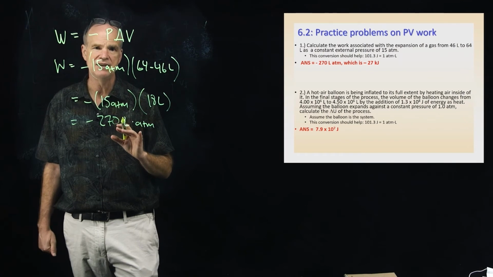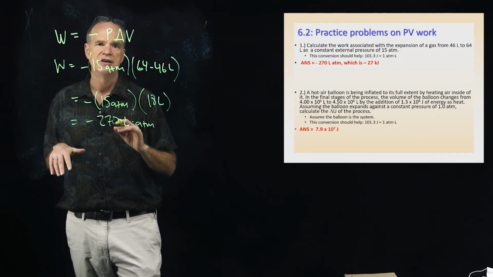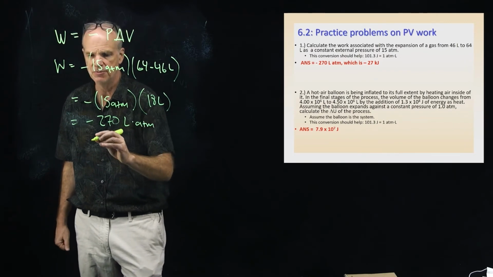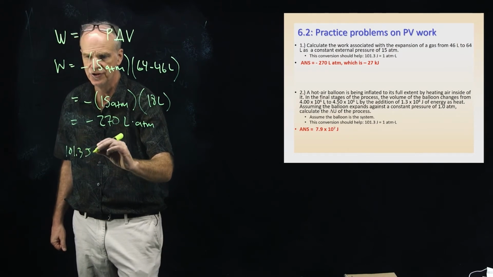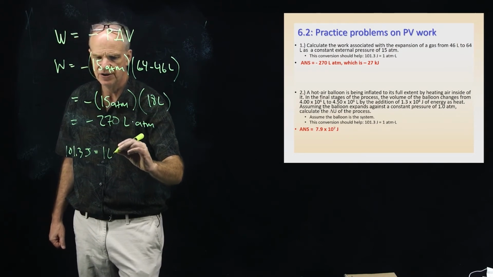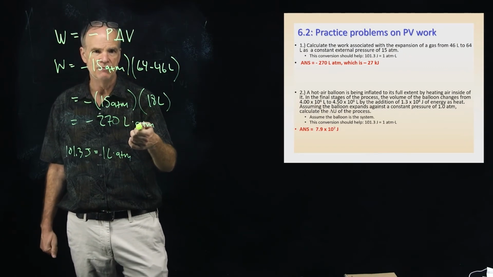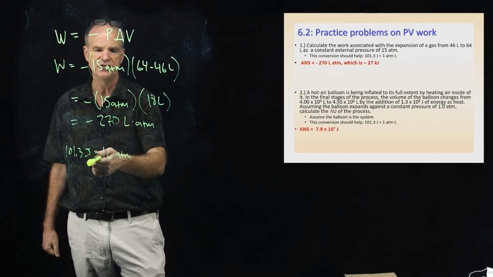And so what we need now is a conversion that takes work measured in joules and equates it to work measured in liter atmospheres. We have that in that problem. You will note that there's 101.3 joules for every 1 liter atmosphere. If you want to convert a work number that is in liter atmospheres to joules, you must use this conversion.